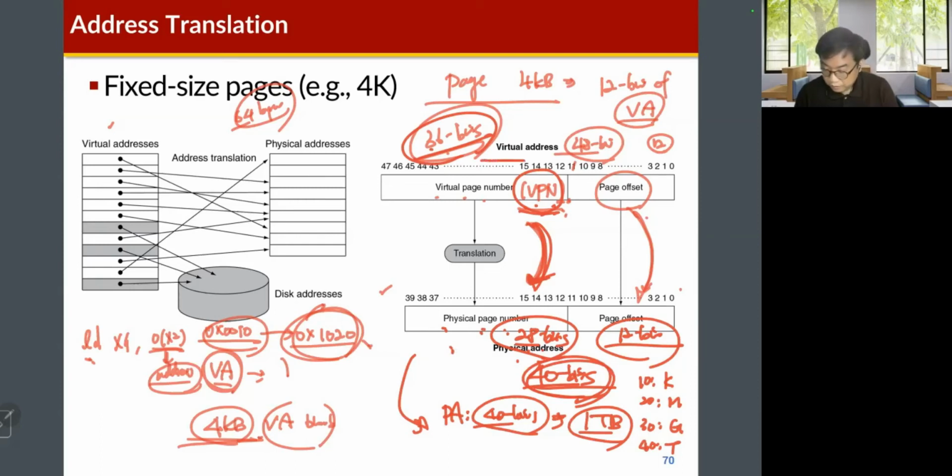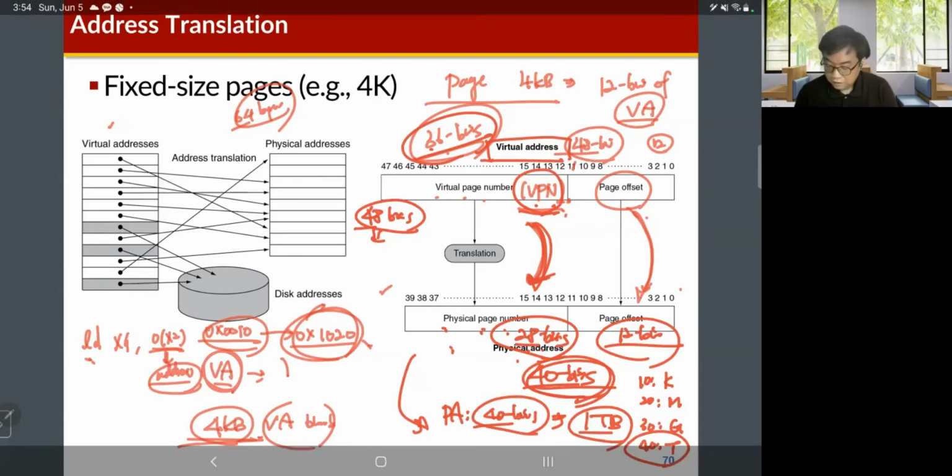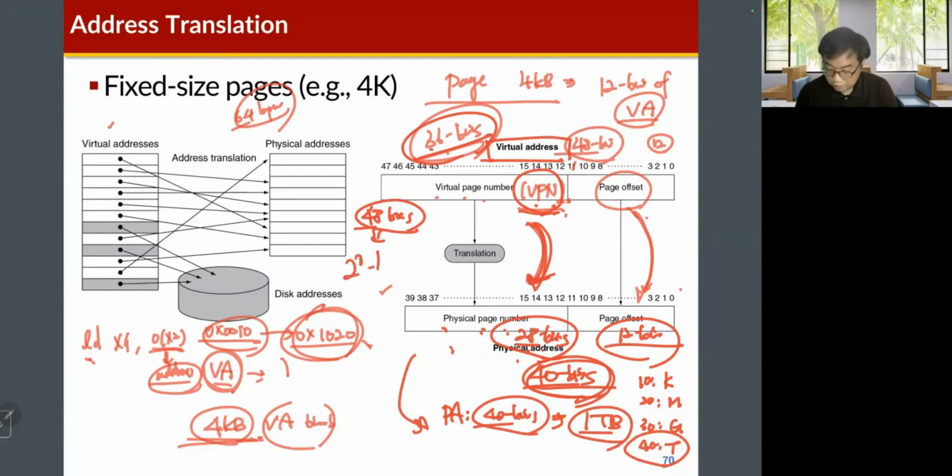But what is the size of the virtual memory? 48 bits. So 40 is tera, which means 2 to the 8 terabytes, which is 256 terabytes. It's very large. Obviously, the 1 terabyte of main memory is also very large. So usually the physical address has a smaller number of bits.